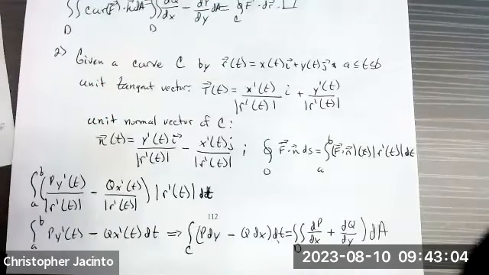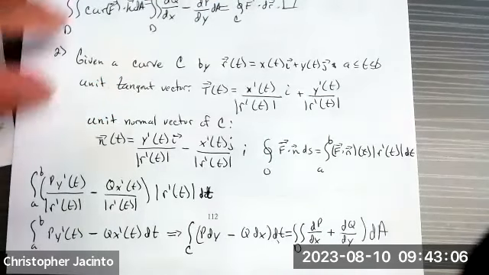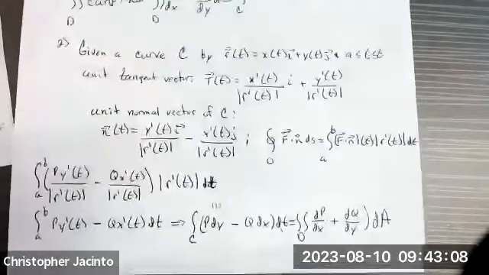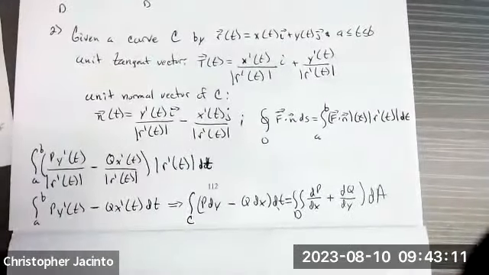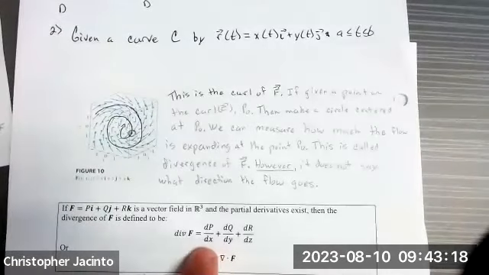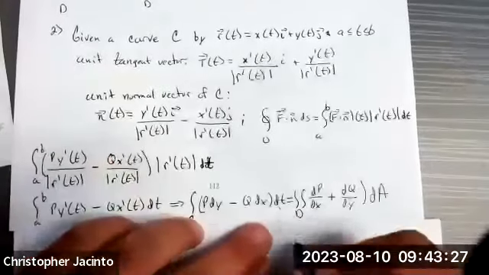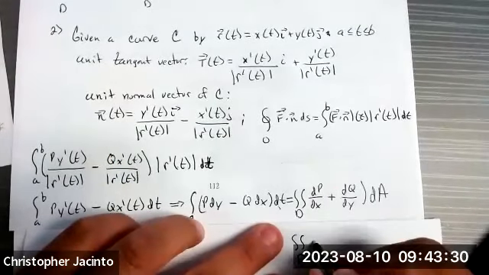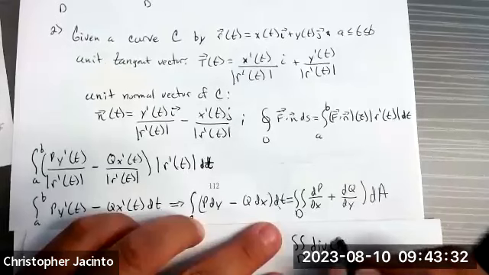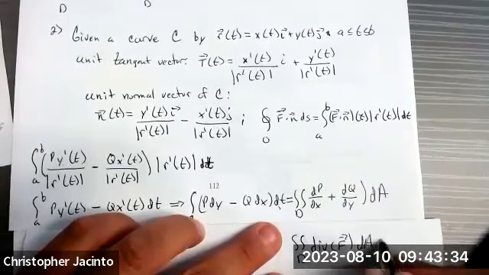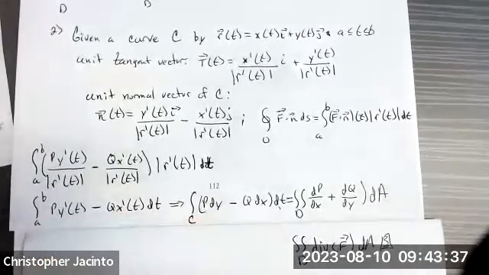But what's the definition of divergence? That's exactly what we have. So this right here ends up being the divergence of F. And there we go.